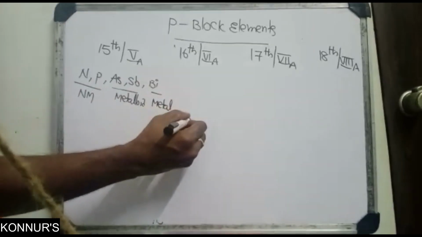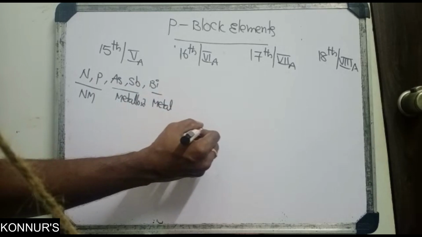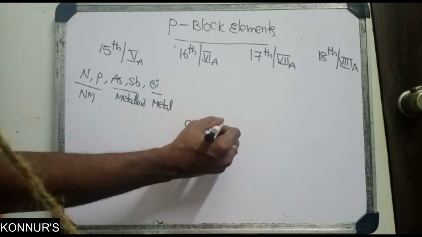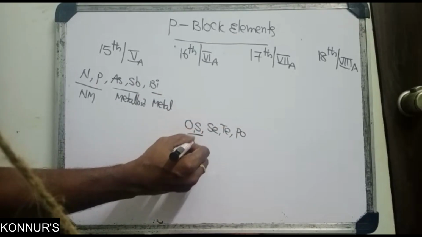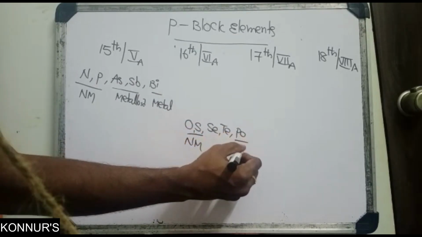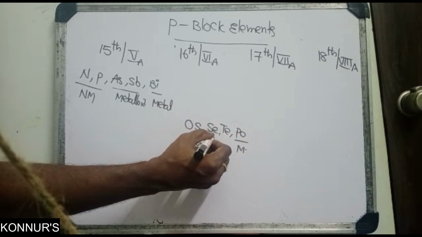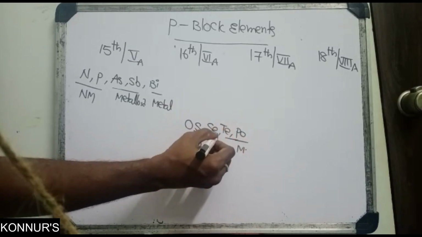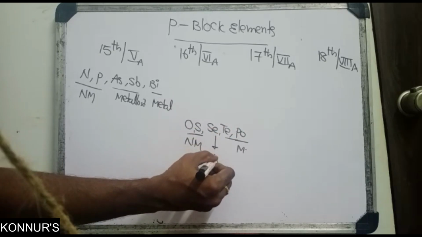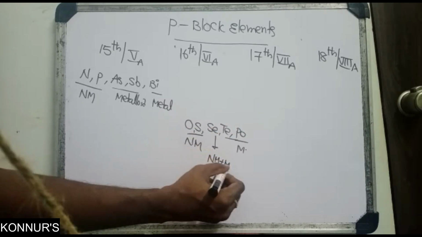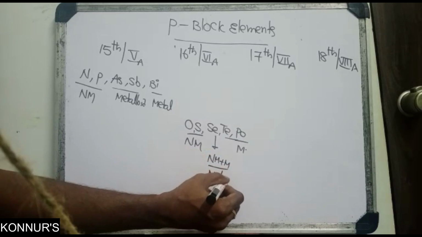Next, coming to the 16th group: oxygen, sulfur, selenium, tellurium, polonium. These are non-metals. Polonium is showing metallic character. So some tellurium also. So selenium is metal plus non-metal. Non-metal plus metal, you call it a metalloid.